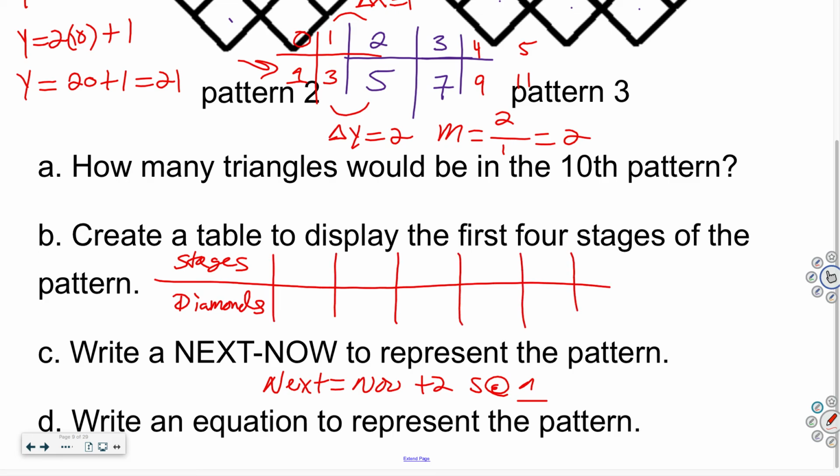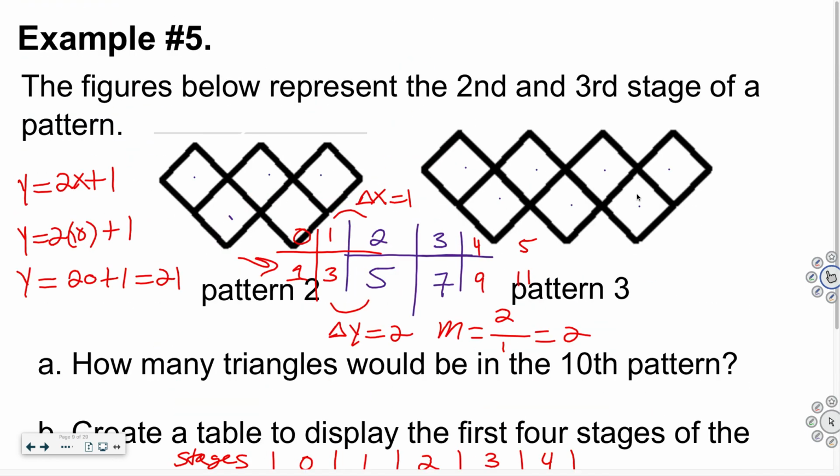Okay, what we were given was stages 2 and 3, and we have 5 and 7. We assume the pattern is the same everywhere, and so we can just work forward or backwards based on what direction we choose to go. And our equation y equals 2x plus 1, we can use that equation to predict any stage without knowing where we are, without physically counting.